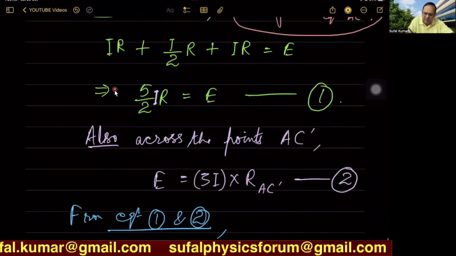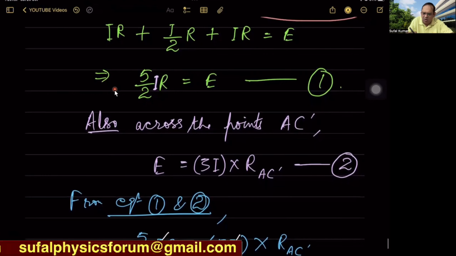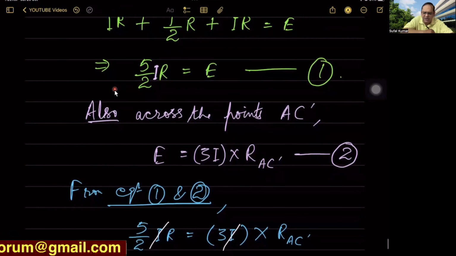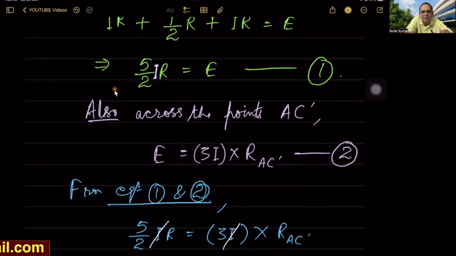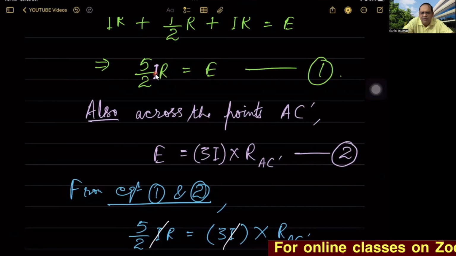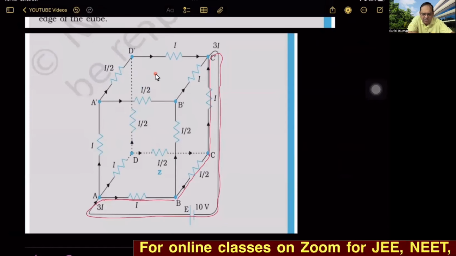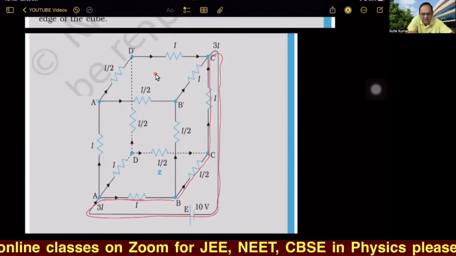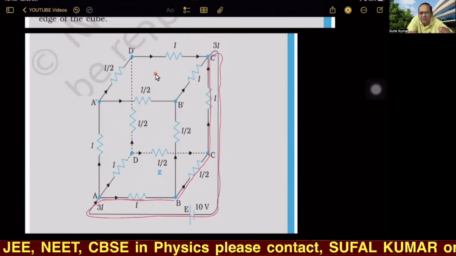That means if we consider now, already from equation number 2 or from equation number 1 also, we can find I. If we use 5 by 2 I R equals E, this R is given 1 and this E is given 10. So I could be found. And across some of the edges, I by 2 current is also going.